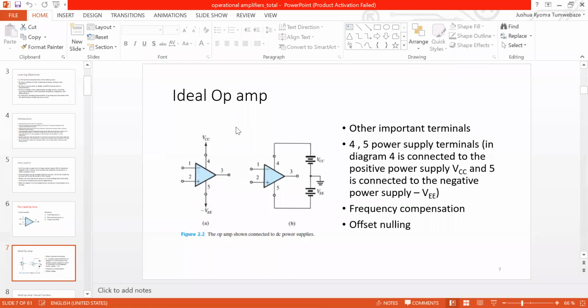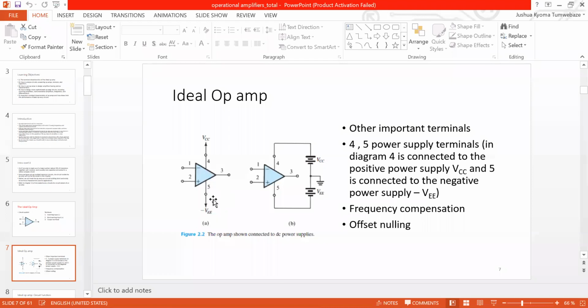2.2a, we have introduced 2 more terminals, terminal 4 and terminal 5. You can see that 4 is connected to a positive supply, VCC, and 5 is connected to a negative power supply, minus VEE.